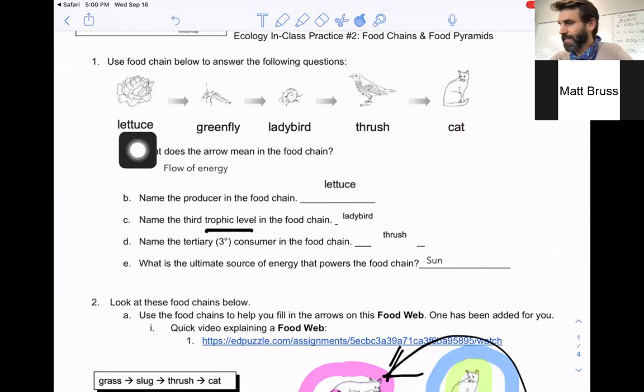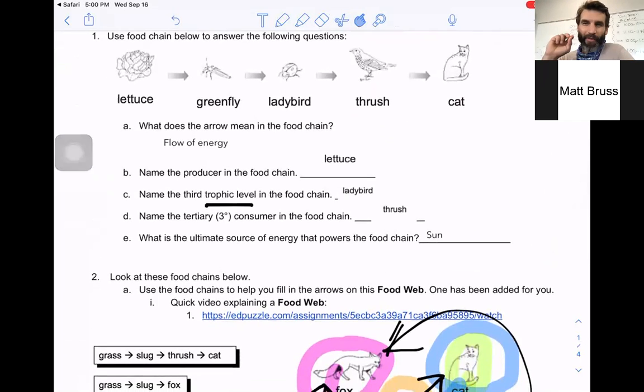Well, if lettuce is number 1, green fly is number 2, then ladybird is our third trophic level. Okay? So while the ladybird is at our third trophic level, if we were asked to name a tertiary consumer in this food chain, a tertiary consumer is a little different.